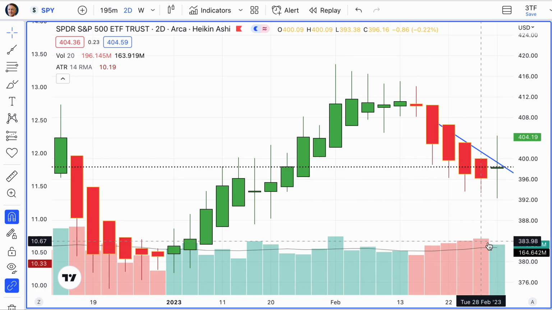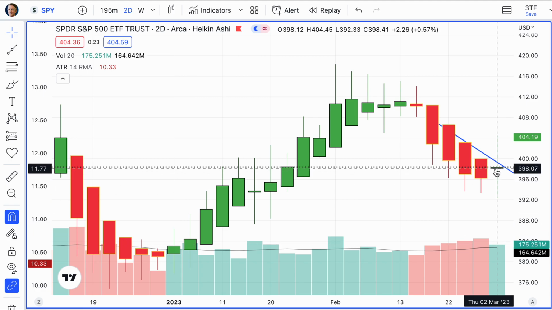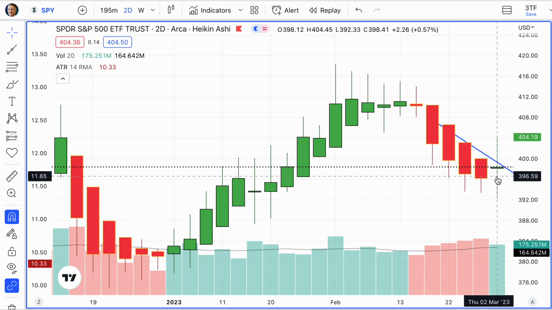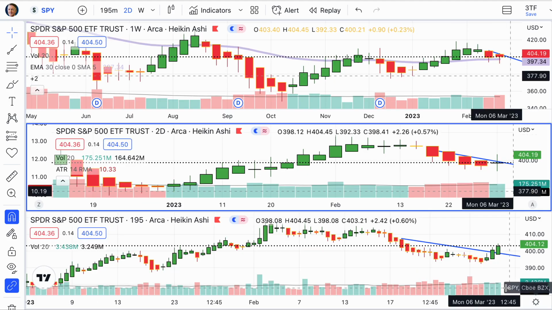And of course, less volume, but still for the size of this candle, again, it's telling you that something is going on. It could portend the end of this down move. Now, we still have a red candle on the weekly chart. But of course, the 2-day is telling us a lot.